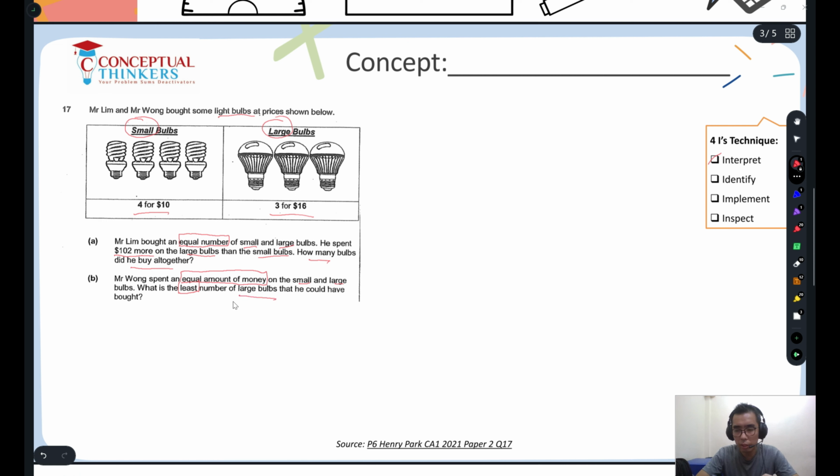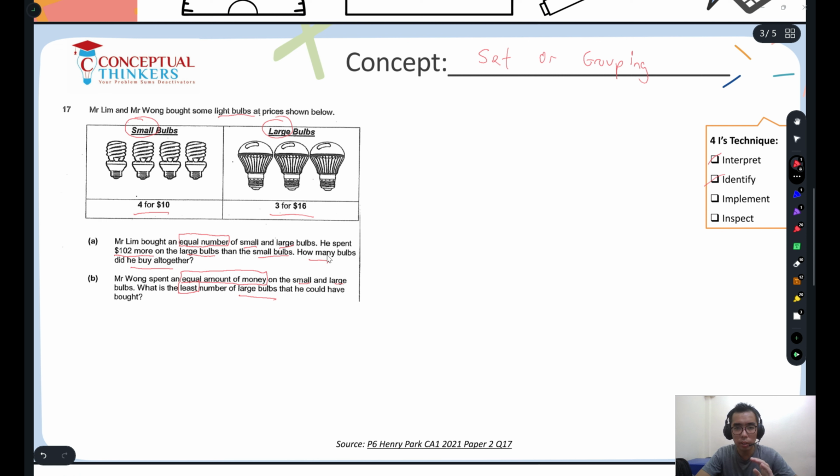Every time you see this kind of question, with diagrams like 2 for $5 and maybe 3 for $11, you will know that the concept they want to test is sets, or what some people call a grouping question. This is how we identify the concept.